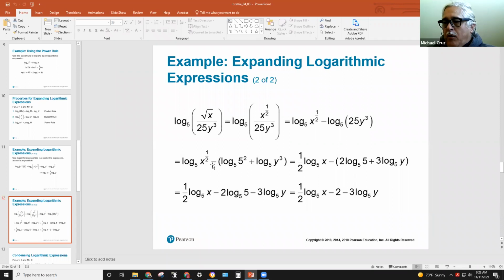When we break apart with the product rule, we're subtracting both of those. The 25 is 5 squared, and that's going to help us in a minute to simplify this even further. Plus, remember, we're multiplying the log base 5 of y cubed.